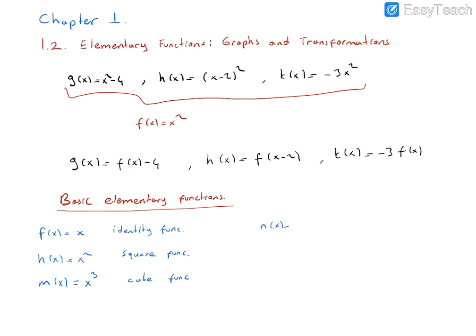N of x equals square root of x, which is the square root function. And p of x equals cube root of x is the cube root function. And g of x equals absolute value of x is known as the absolute value function.